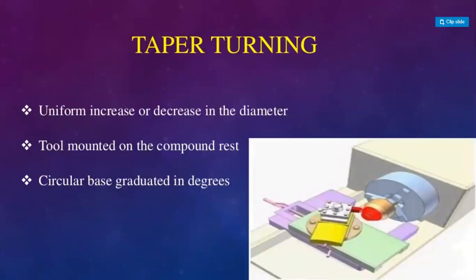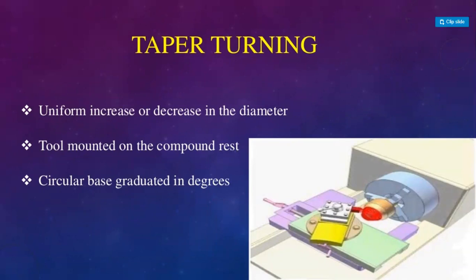Next is taper turning. This is another type of turning operation. If we want to reduce the diameter gradually, then we prefer taper turning. In this picture, although it is not clear, we can understand what taper turning is. Here it is also written: uniform decrease or increase in the diameter.